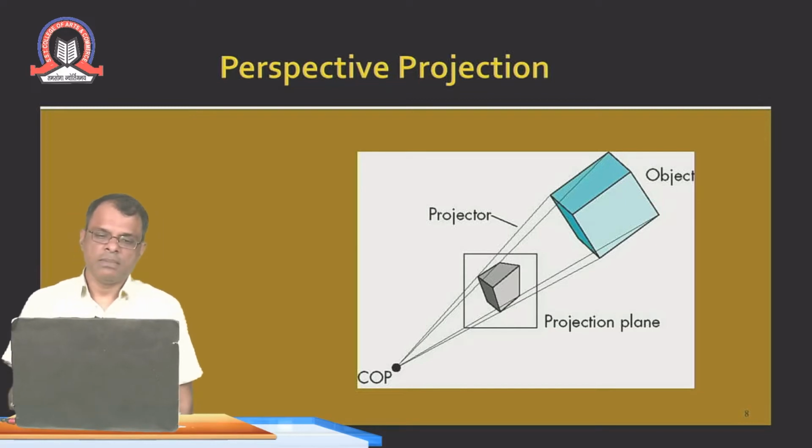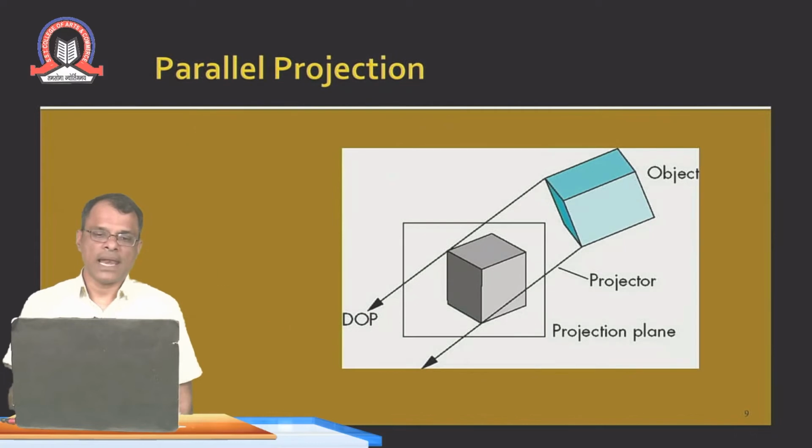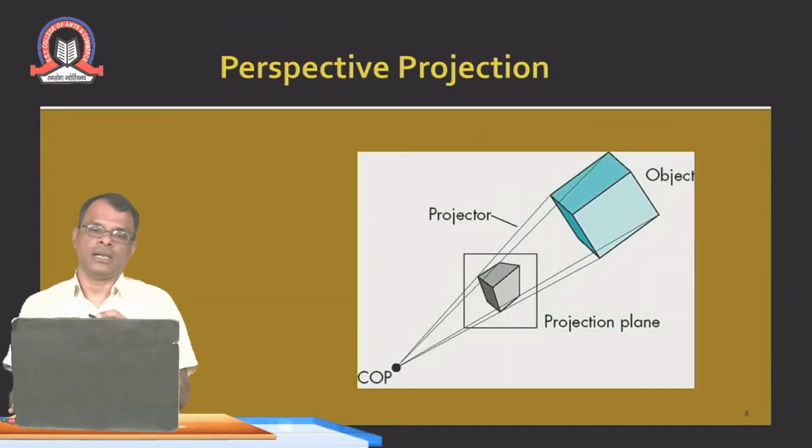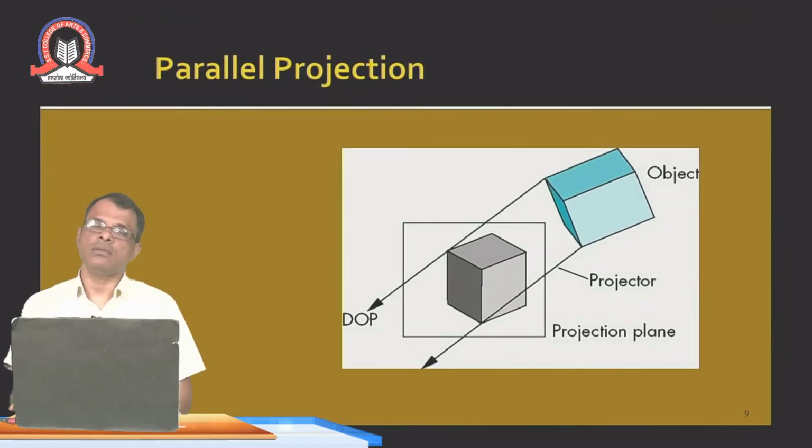Similarly, for parallel, the things will be like this. If you see in this one, the lines are converging from one point. And if you see over here, the lines are parallel. So this is the main difference between perspective projection and parallel projection.